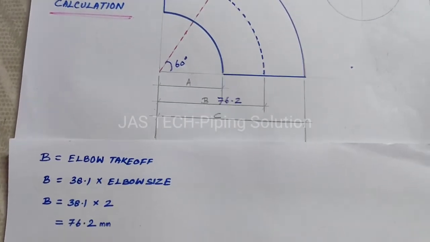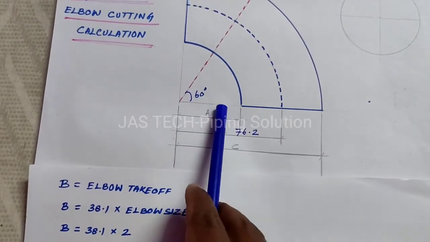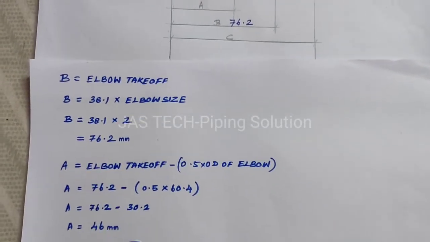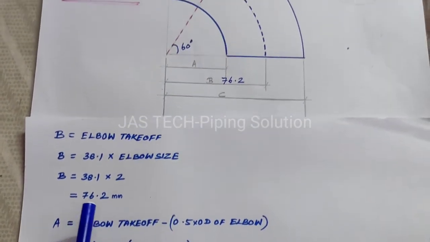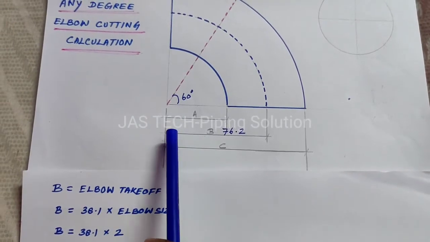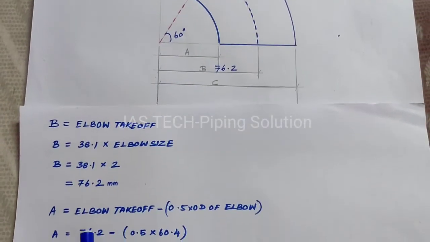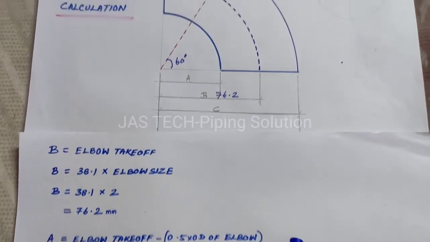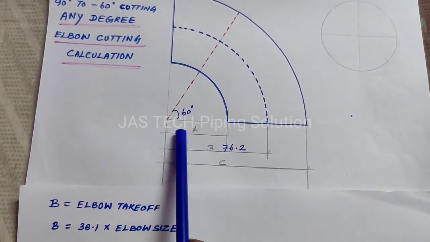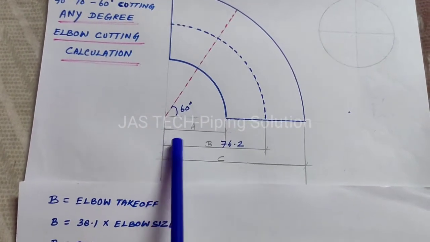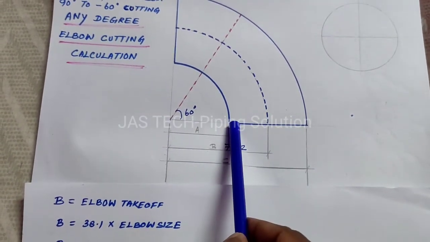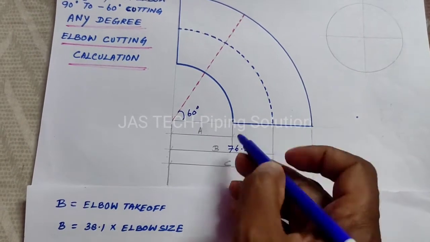So we want to find out distance A and distance C. Second one, distance A. Distance A equals elbow takeoff minus half OD of elbow. So distance A equals elbow takeoff up to here minus half OD of elbow. This is the half OD.